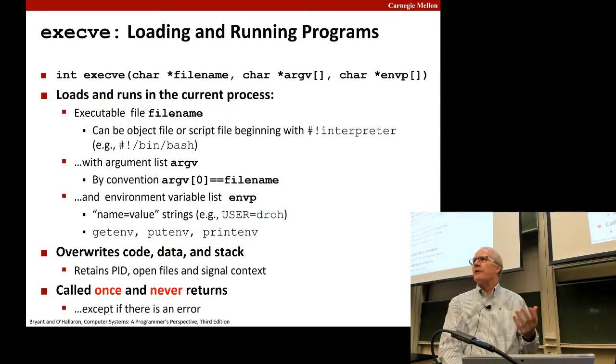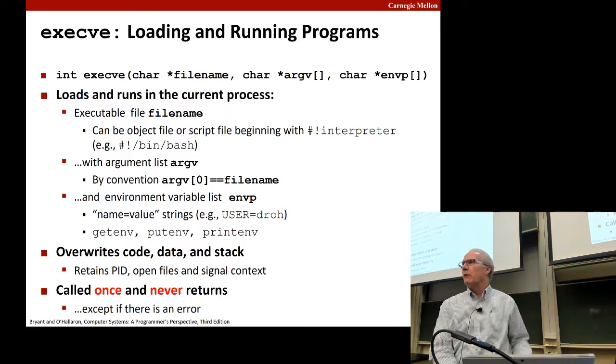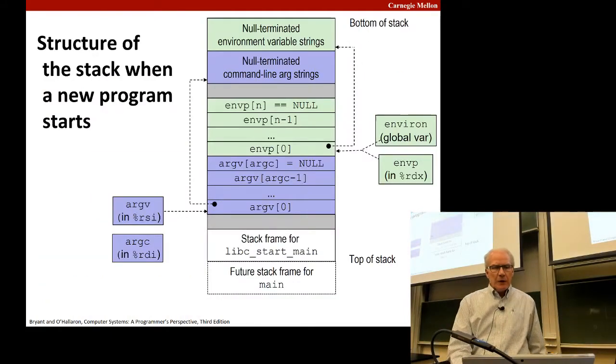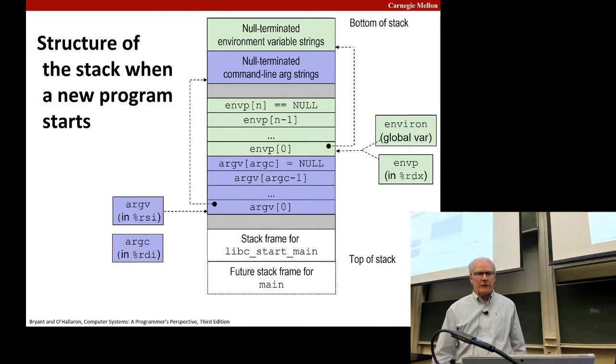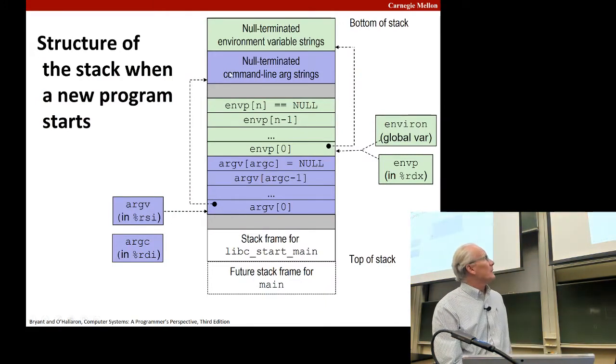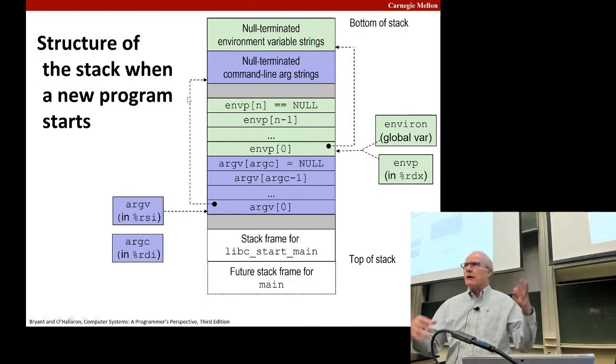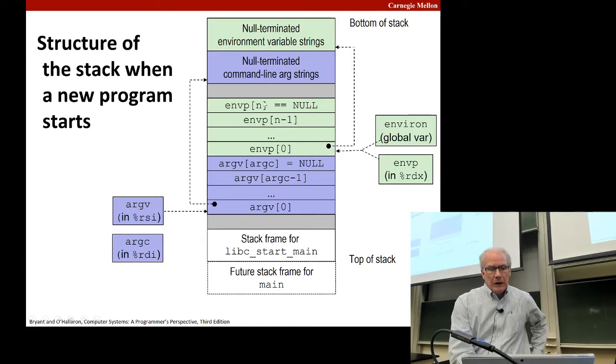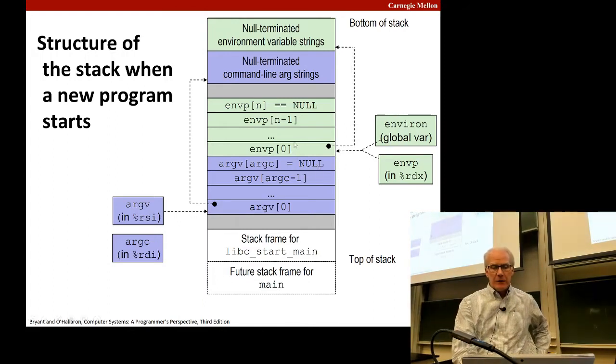The only time it returns is, for example, if the file name is not a valid program, it will return with an error code. So this picture sort of illustrates how this information is all stored in memory. The list of arguments is encoded as a null terminated list of strings, meaning pointers, and each of these is really a pointer to an array of characters.